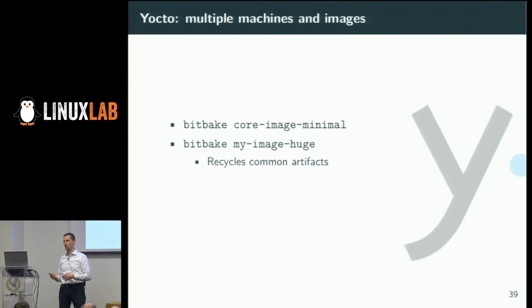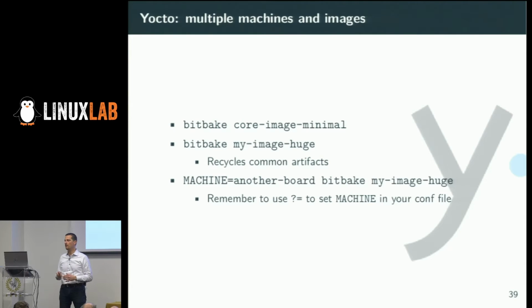So it will save build time when you have to build multiple configurations for the same machine. But not only that. If you want to build for another machine, you can just change the MACHINE variable and then build the same or another image. If the other machine has the same architecture, it will not need to rebuild most of the packages. It will probably rebuild the kernel, bootloader, and a few more that are machine specific, but for the rest it will recycle everything.